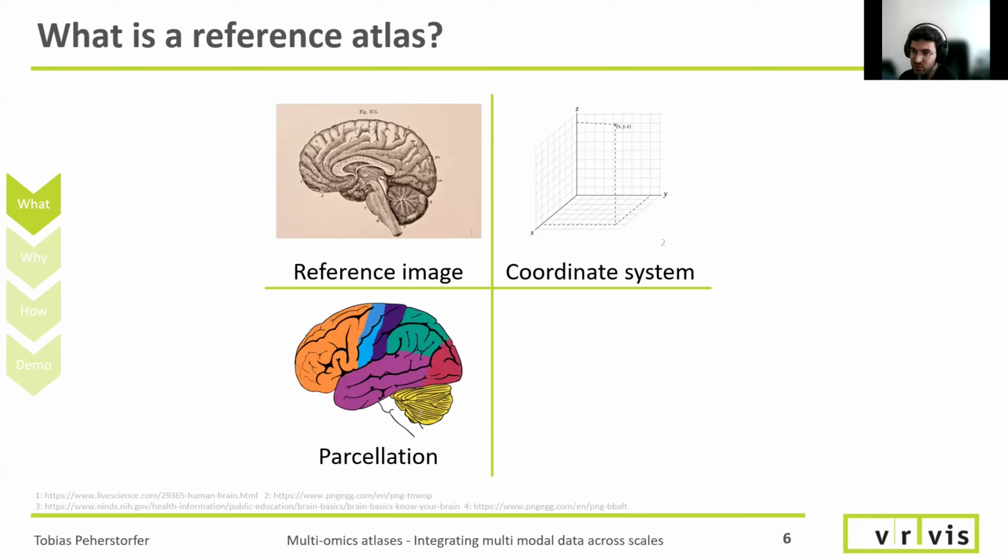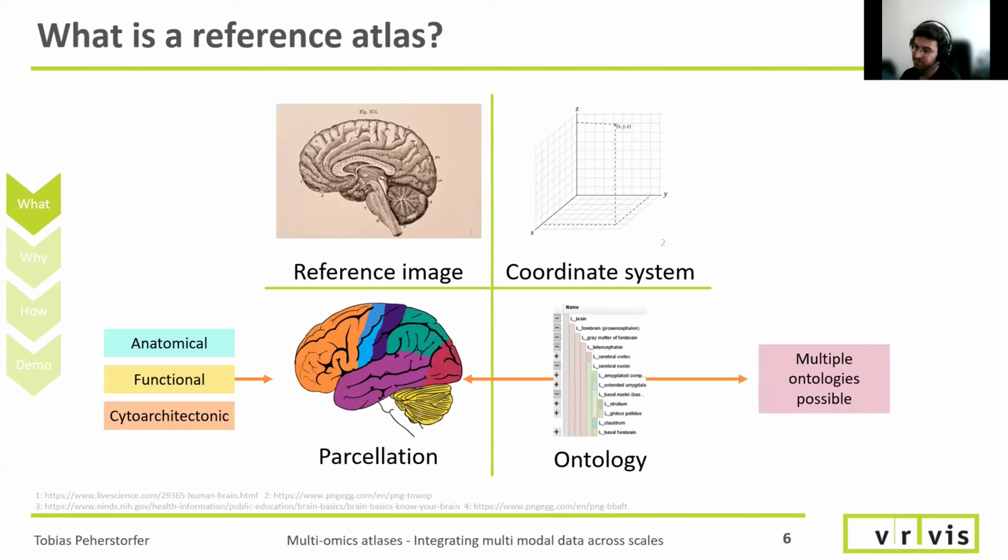Now, a parcellation is just a way how we divide up our reference image, and it can be based on multiple different merits. It can be based on anatomy, on function. It can even be based on the most prominent cell type in that type of tissue that you group. And the final ingredient is what we call an ontology.